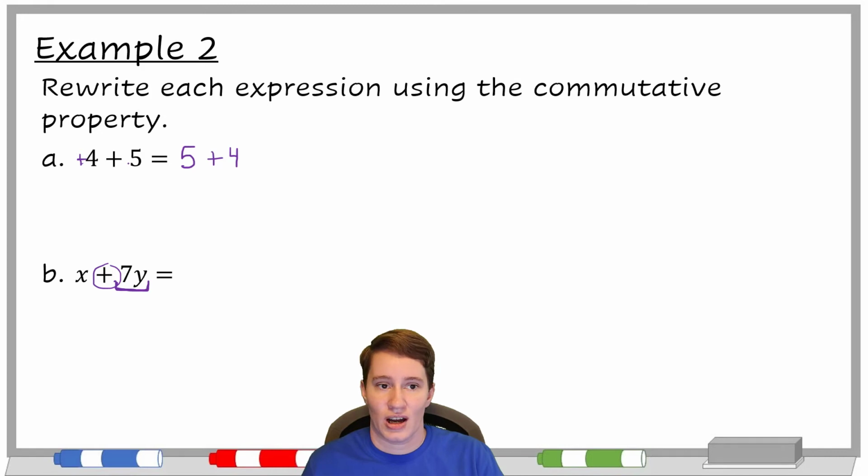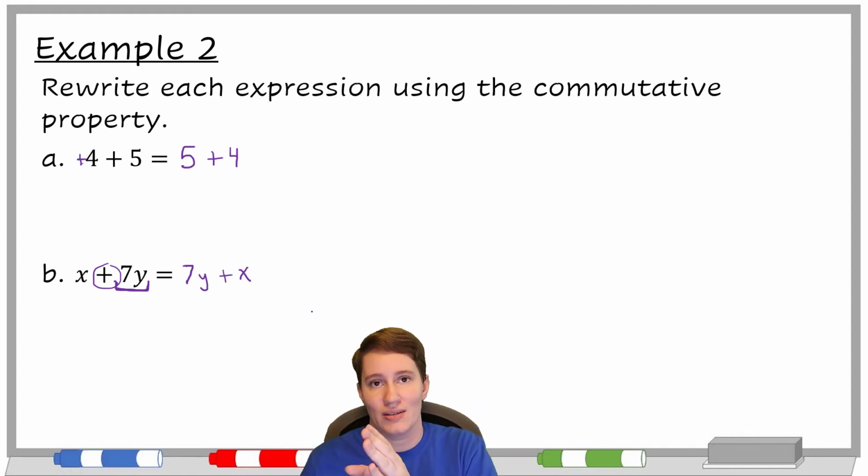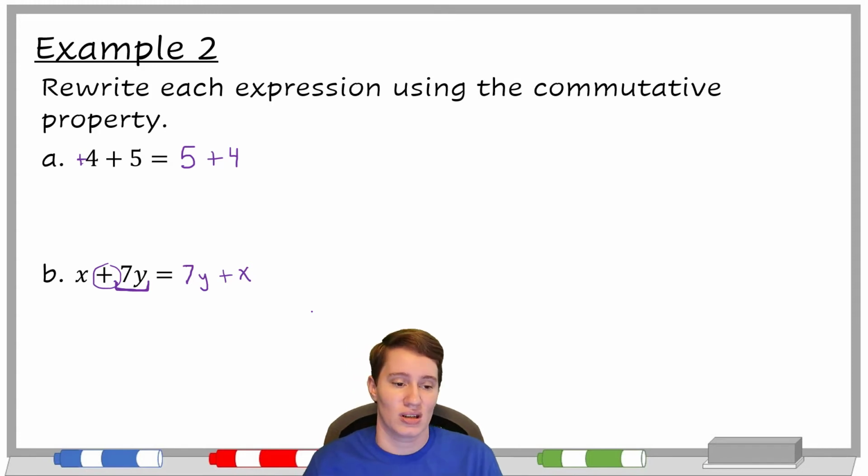It's a positive 5 because it's a plus 5. Whereas here, same kind of thing. It's a positive 7y and a positive x. This is going to matter in a second, but right now we just had all positive, so it's like, well, of course they stay positive. If one of them was negative, the negative has to stay with whatever's right after the negative. That's how it works. So this was just switching it around.